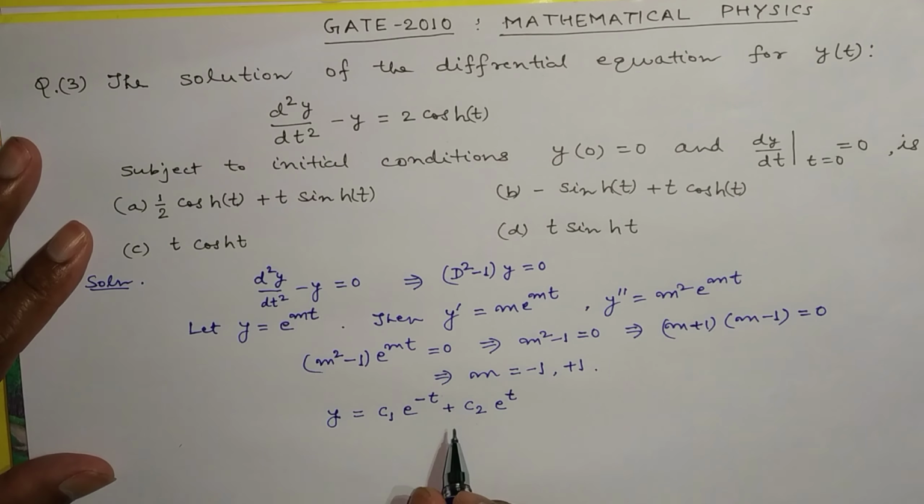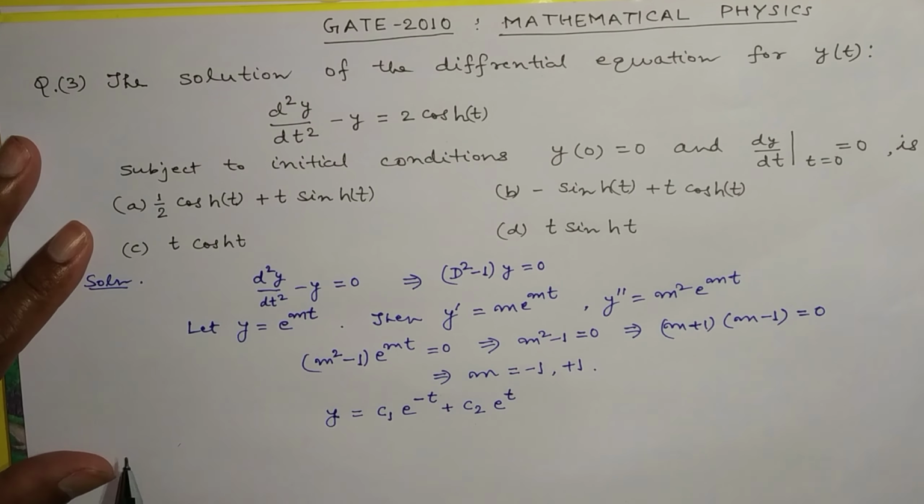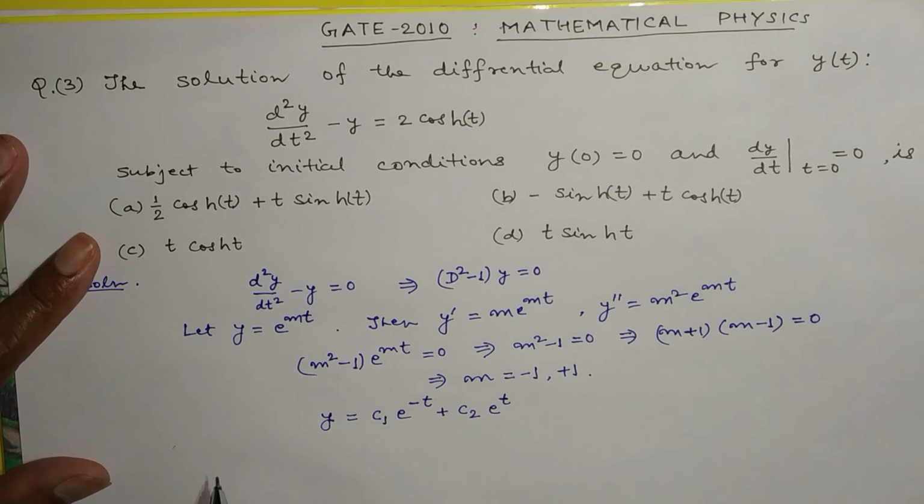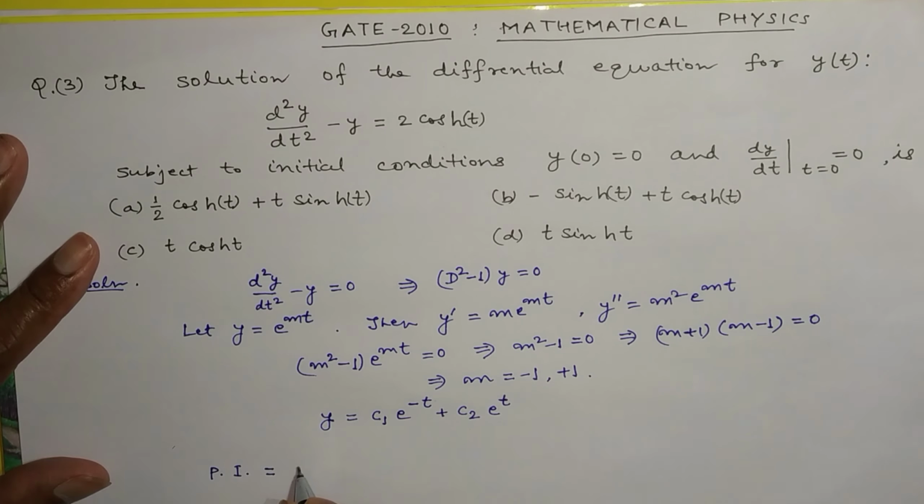Now, before proceeding to find the complete solution and then applying initial conditions, we have to find the particular solution, and for that we should write it like that: equals 1 upon D² minus 1 times 2 cosh t.